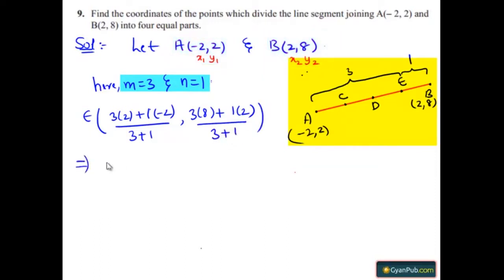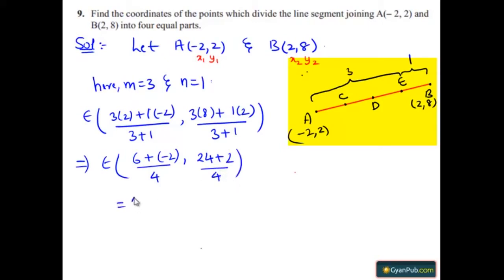This implies the coordinates of E will be 3 times 2 is 6 plus 1 times minus 2 is minus 2 whole divided by 3 plus 1 is 4, comma, 3 times 8 is 24 plus 1 times 2 is 2 whole divided by 3 plus 1 is 4.